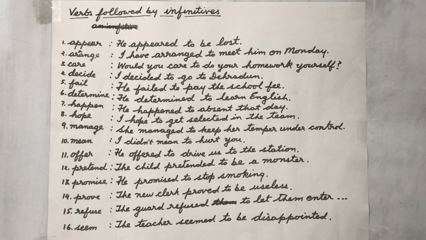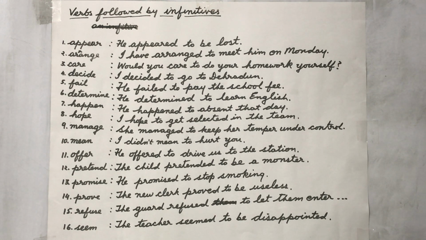Would you care to do your homework yourself? Decide. I decided to go to Dehradun. Fail. He failed to pay the school fee. Determine. He determined to learn English. Happen. He happened to be absent that day.